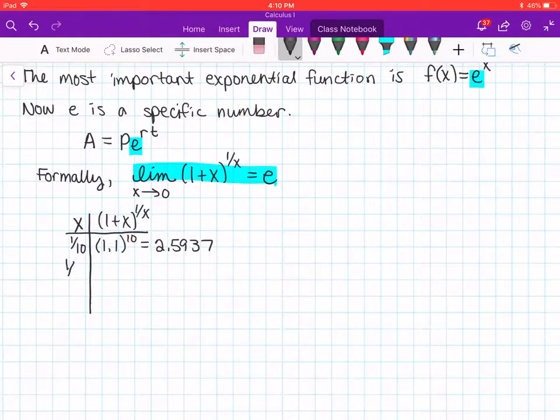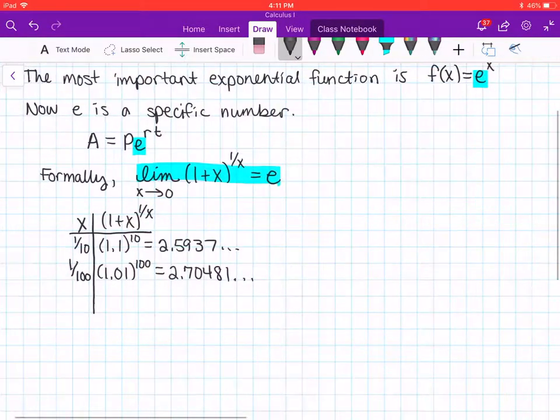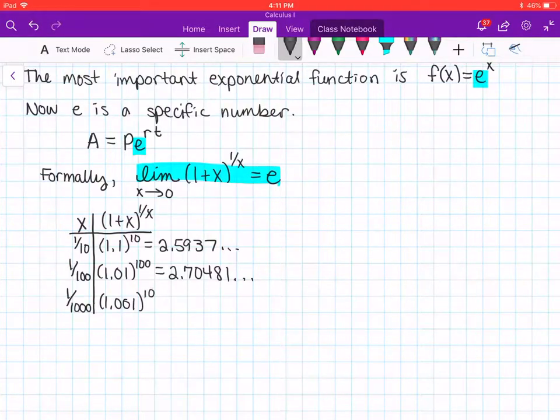Okay, and then we can get even closer, so maybe 1 over 100. We get 1.01 to the 100, and then that's going to equal 2.70481, and these numbers keep on going. Let's do one more. If you do 1 over 1,000, you get 1.001 to the 1,000, and you get 2.716923.